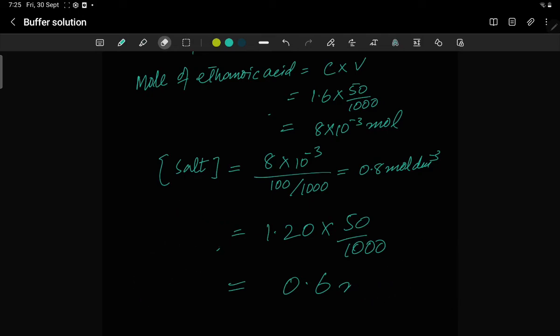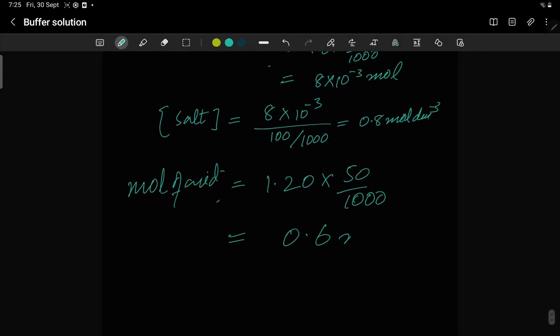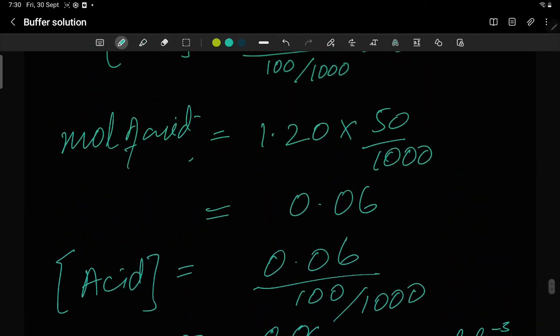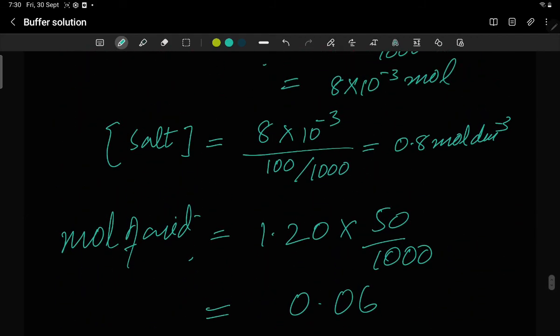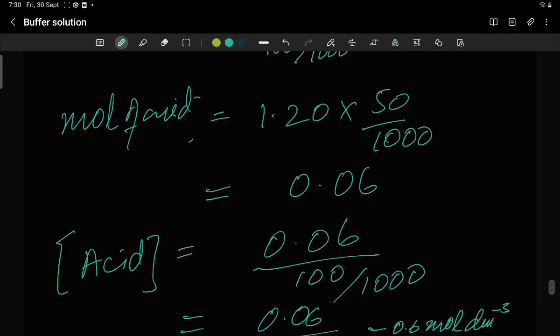This is moles of acid. So the moles of acid is 0.06.